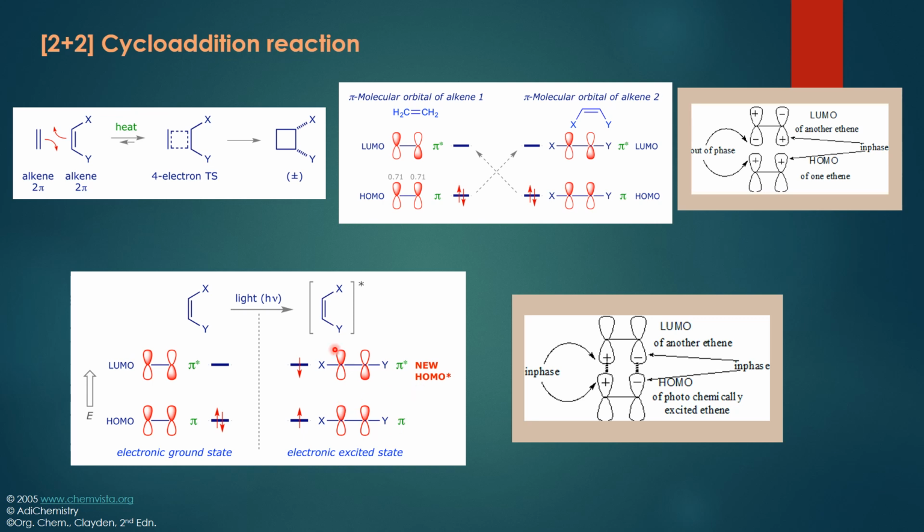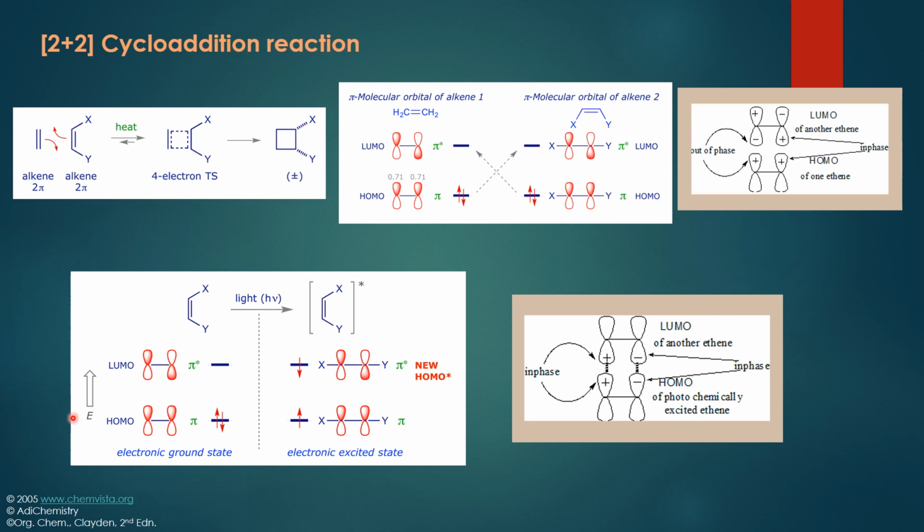Here we can see for this alkene component, the initial HOMO pi molecular orbital gave one of its electrons to the pi star orbital under the photochemical excitation. So the pi orbital has one electron, and the pi star orbital now has another electron.